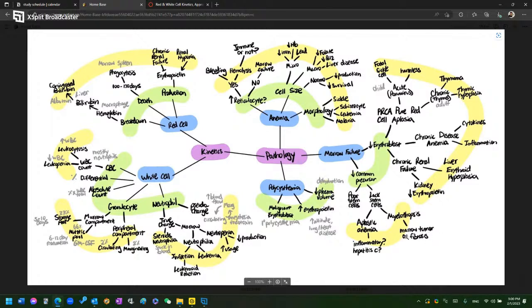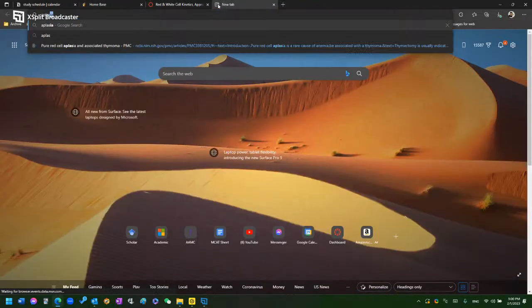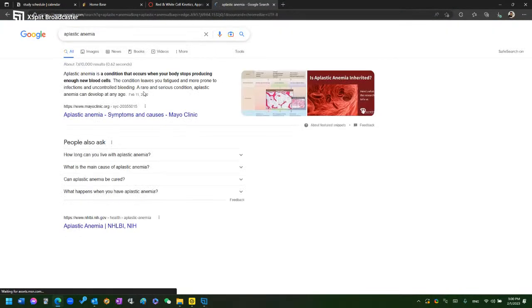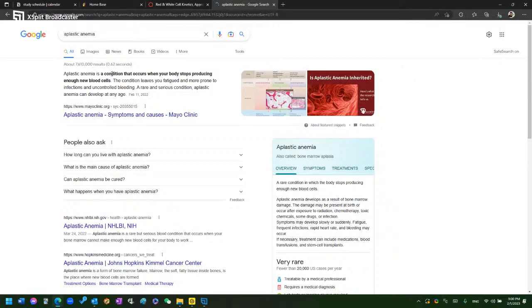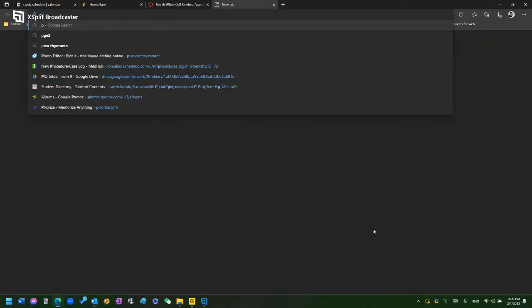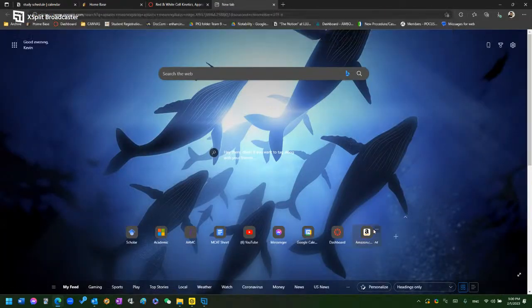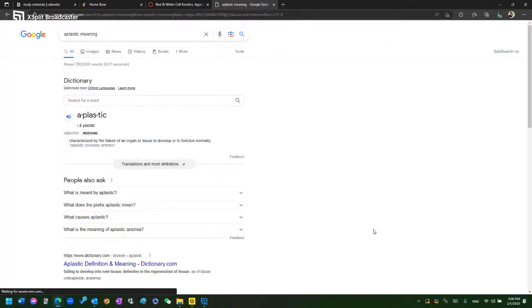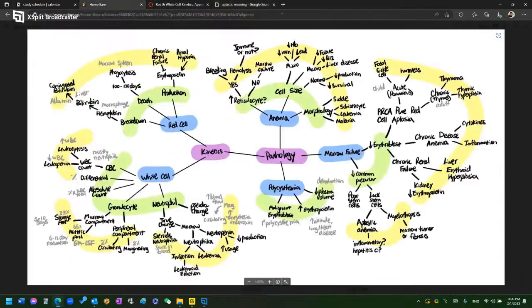You could have fibrosis and destruction at the marrow because of a tumor, or you could have aplastic anemia, which just could be damage to these stem cells. Yeah, just fully just destroying. Aplastic meaning failure. Yeah, okay.